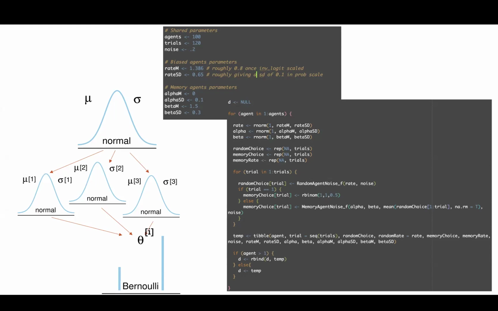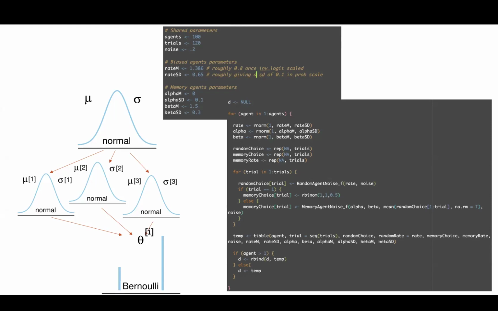And then we go through the trials, where the random agent doesn't care about the other, right? But if the trial is equal to 1, the memory agent will pick at random. It has no memory to start with. If it's from the second trial onward, it will generate its choice according to its memory and bias and beta format.